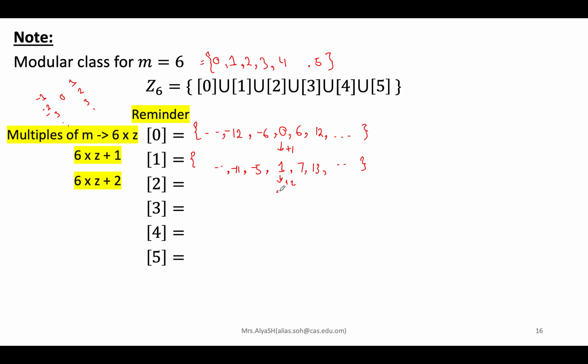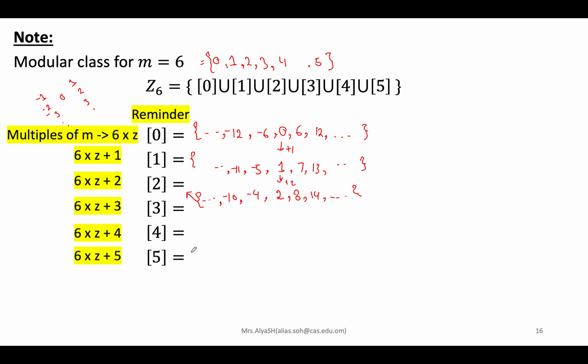So here we have 2, then 8, 14, and here we have -4, -10. Okay, the same will be for 3, 4, 5, and I get each one by itself.